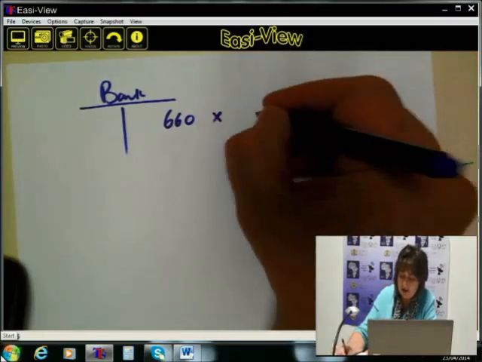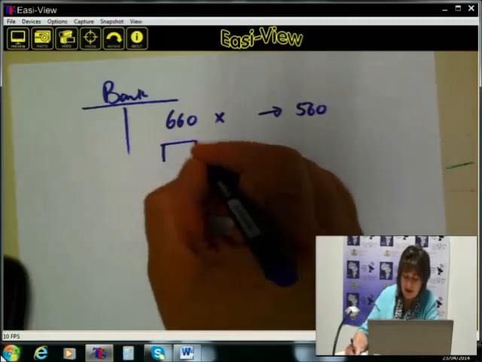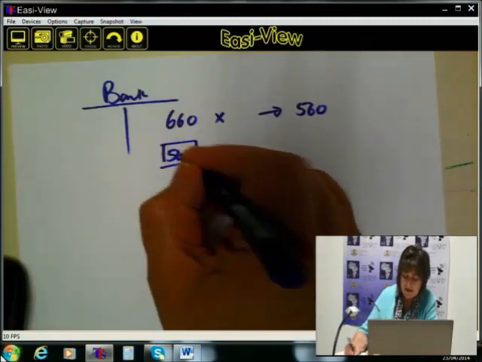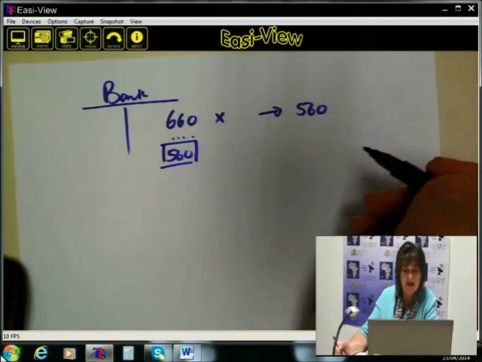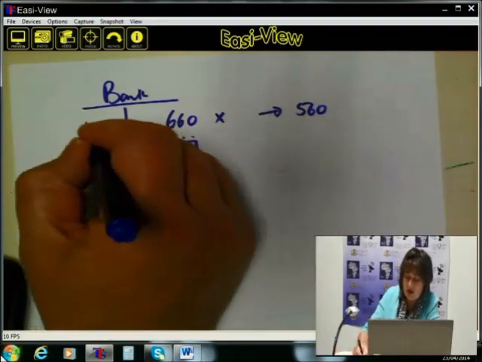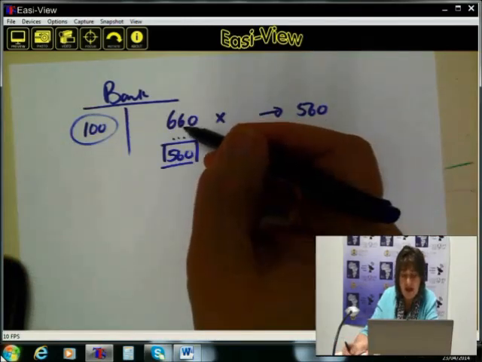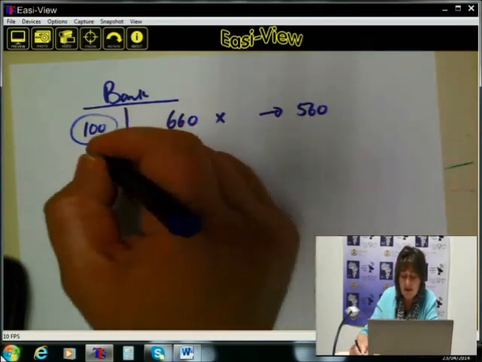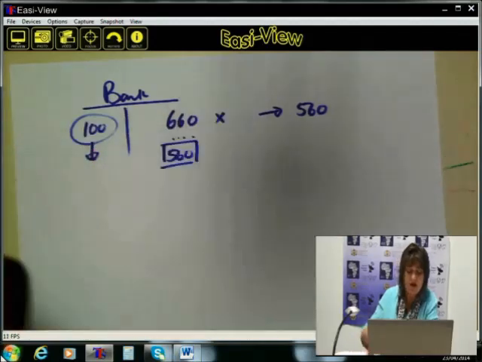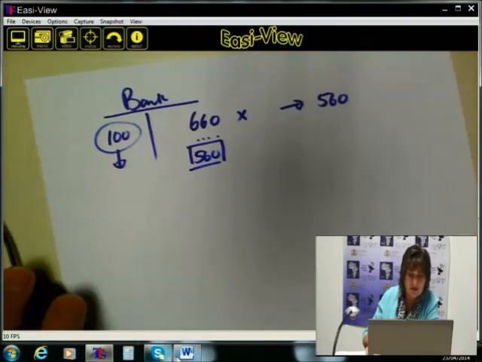It was supposed to be 560 Rand. So the correct answer is 560. Can you put something there to make the 660 into 560? No, you cannot. That's why you are going to put the 100 there, because it's too much, and for us to make it less, we must put it on the debit side of the bank. And that's the one that we're busy with at the moment.